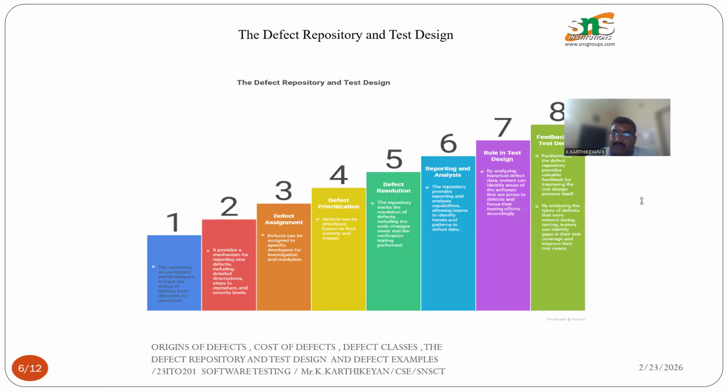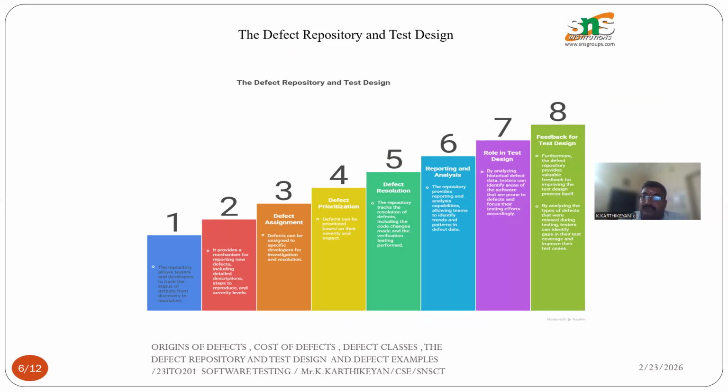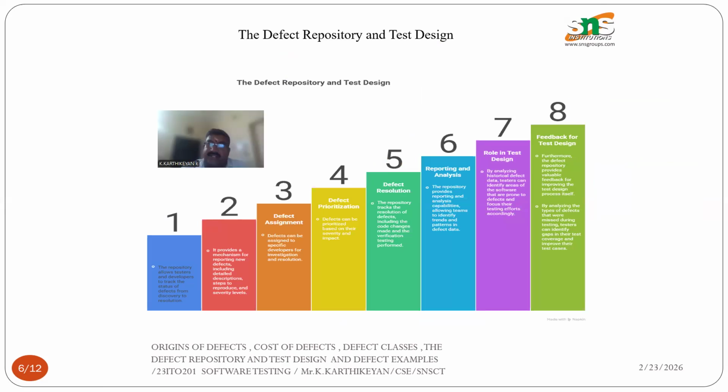This is one of the major points, the defect repository in test cases. First, the repository allows the tester and developer to track the status of a defect from discovery to resolution. Second, it provides a mechanism for reporting new defects with detailed description, steps to reproduce and severity level.